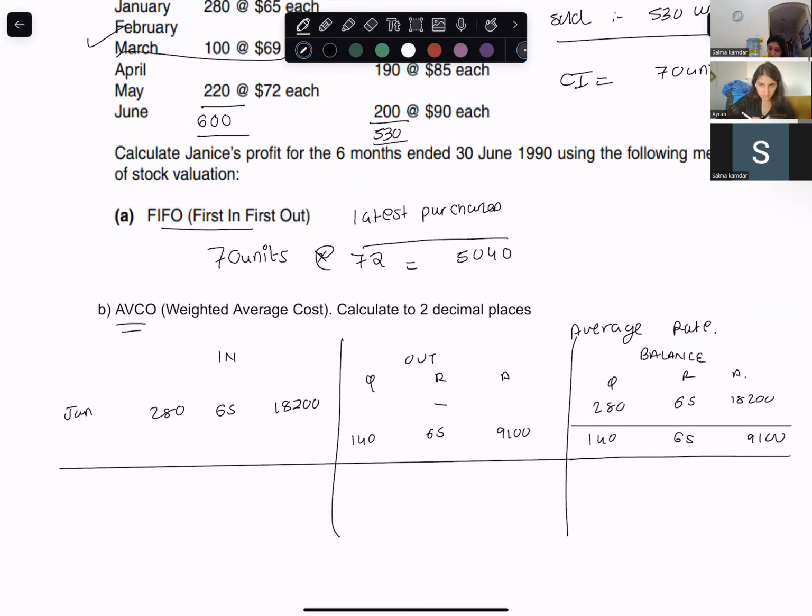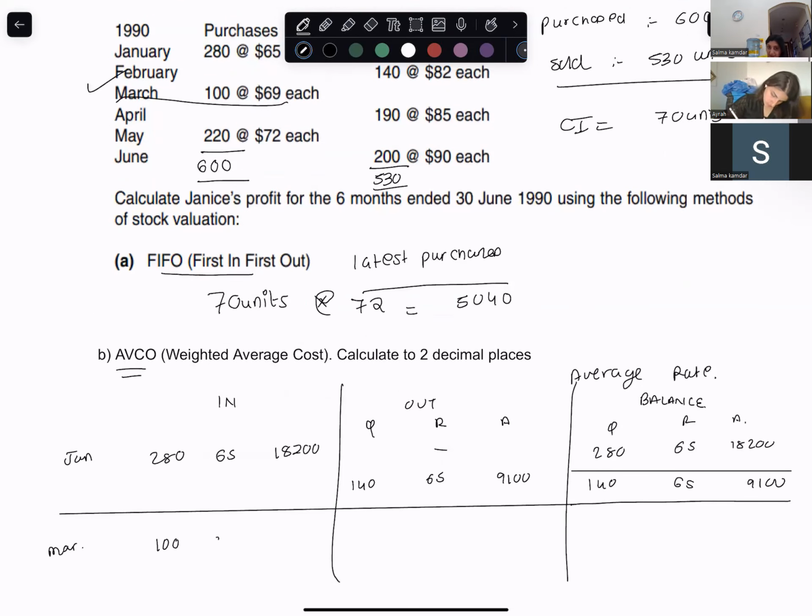Now you're in the month of March. You purchase 100 units at the rate of 69. So this is 6,900. So when you're balancing it, you will do quantity plus quantity, 240.